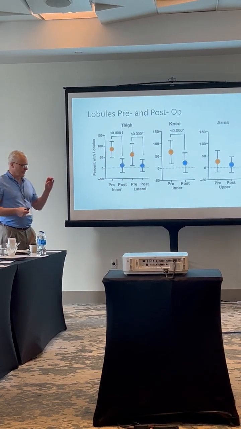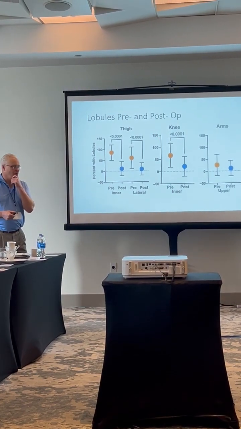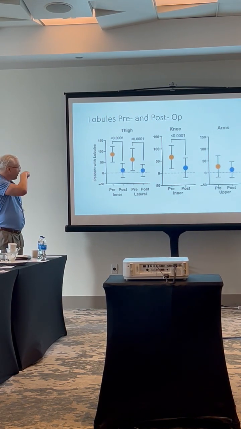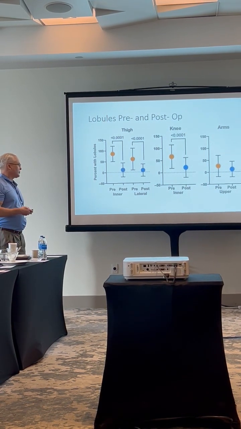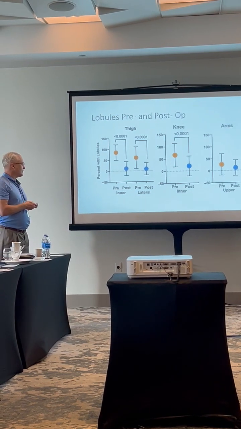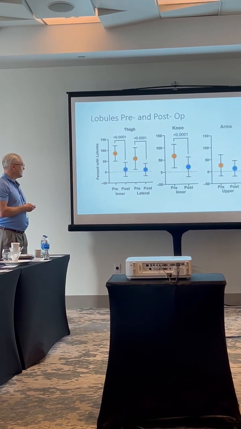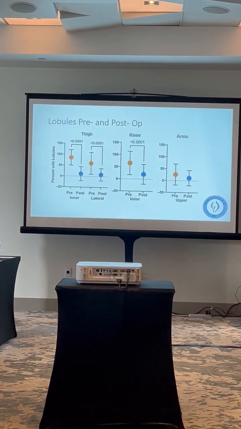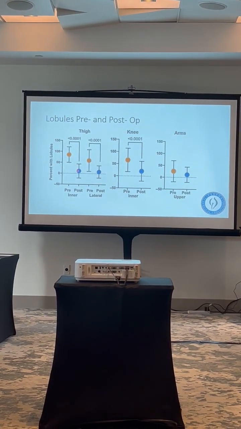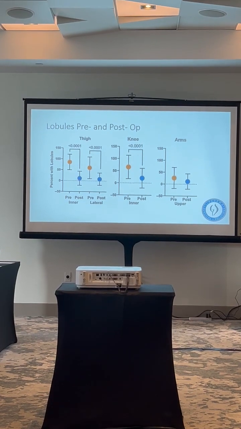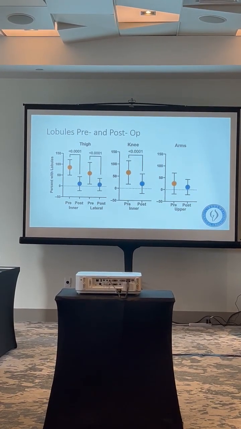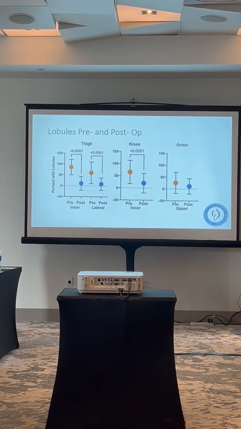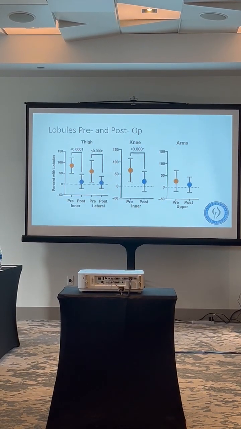We also looked at those lobules I pointed out. Before surgery, about 80% had lobules in their thigh, and a very small percent were left with lobules after the surgery, and similar around the knee and in the arms.